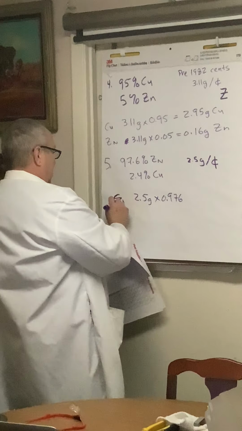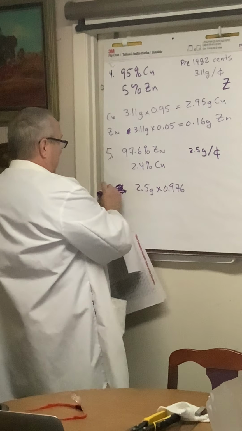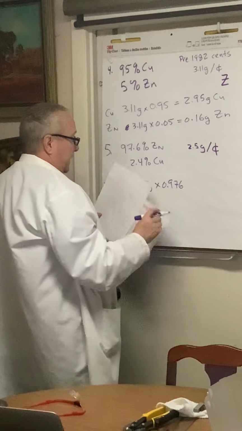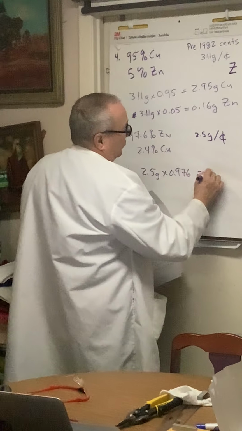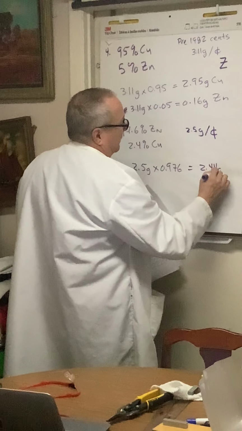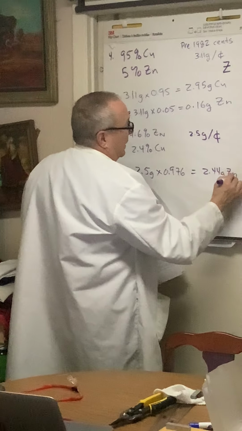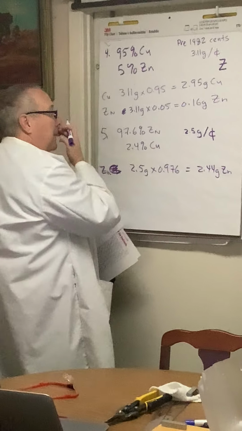Oops, that would be zinc. Let me do my zinc first, my primary metal in the coin. And I get 2.44 grams of zinc in every penny, okay?